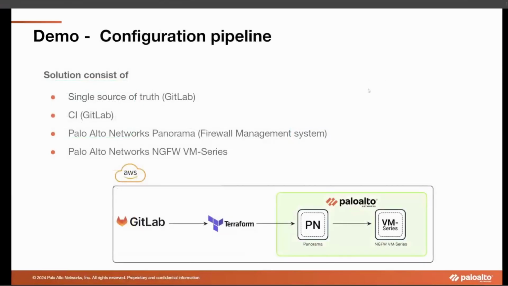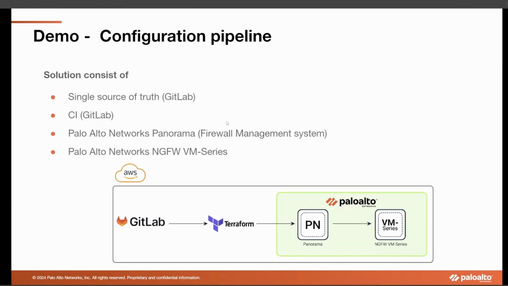We selected a few tools which help us to achieve this. For our GitOps part, we chose the GitLab instance, which will be used as a single source of truth of our network configuration, and also we'll run the necessary tasks using the CI/CD pipeline.